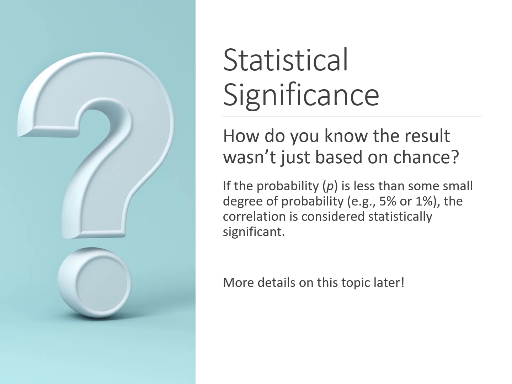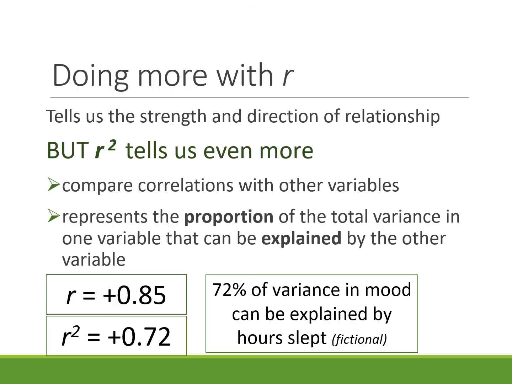If the probability, which we'll call small p or just p, is less than some small degree of probability, for example 5% or 1%, the correlation is considered statistically significant. And we will talk about this later on, especially when we start to do analysis of variance, and we will talk about that probably more in chapter 8, but we will probably touch on it in the next few chapters as well. So just keep that in mind, statistical significance.